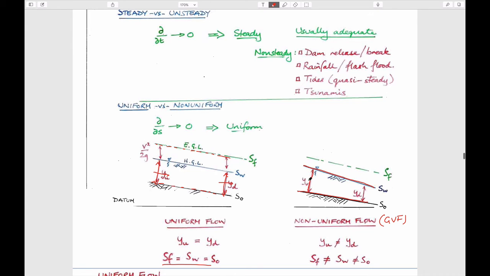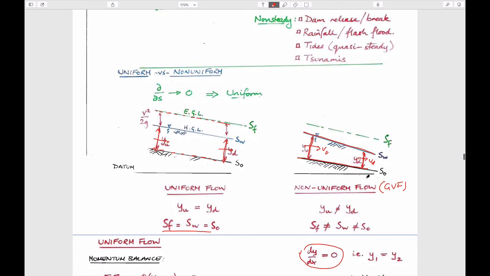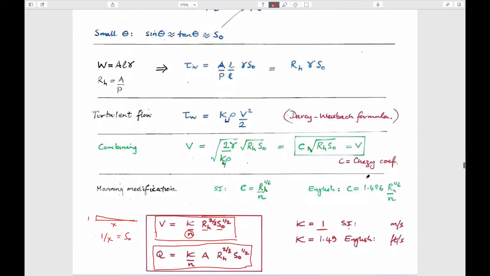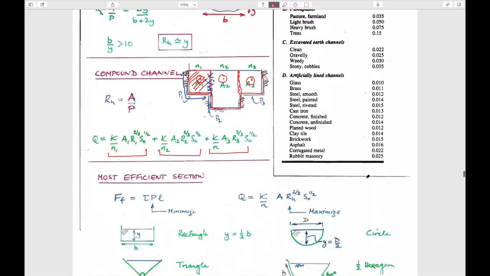The depth is therefore by definition not the same as you go downstream, and so the upstream velocity has to be much less than the downstream velocity because it's a smaller cross-sectional area, just by continuity. And so the bed, the free surface of the water, and the slope of the energy grade line are no longer coincident. And so that's by definition a gradually varying flow.